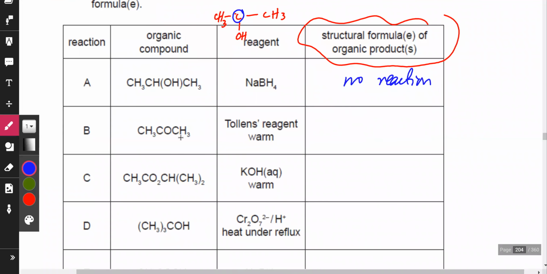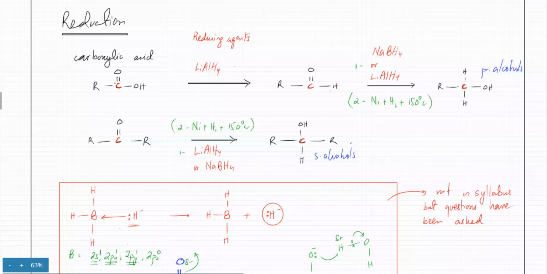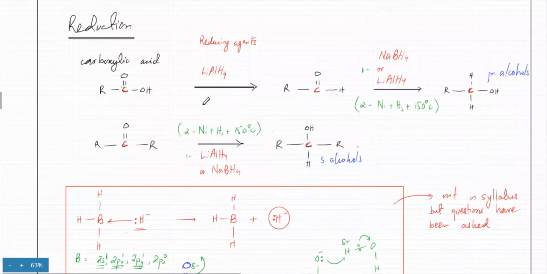Next one is, what is this molecule over here? It's three carbons. Ketone. Okay, that's a ketone, right? So there's a double bond in the middle, CO, and there's going to be CH3 and three H's over here as well. So that's a ketone. Now Tollens, let's go back and have a look at oxidation.